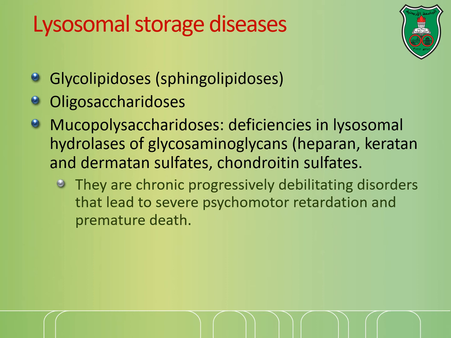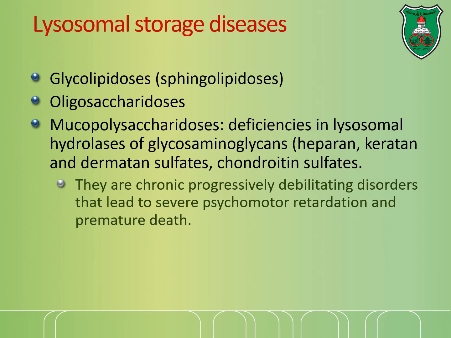Oligosaccharidosis, from the name you can tell what this condition is all about. And you have mucopolysaccharidosis. That is basically when you have deficiency in hydrolysis of glycosaminoglycans, like enzymes that degrade heparin, keratan sulfate, dermatan sulfate, and so on. Okay.